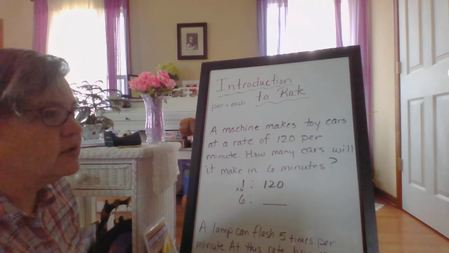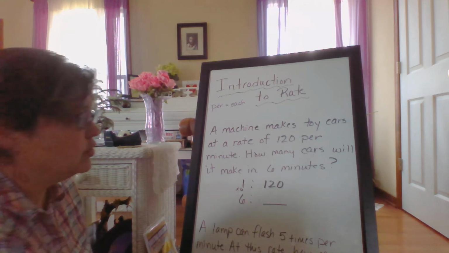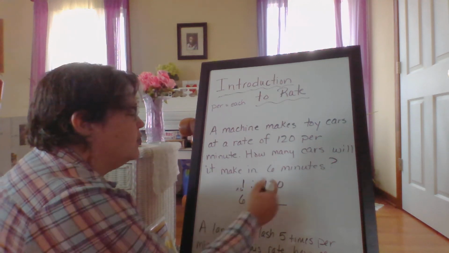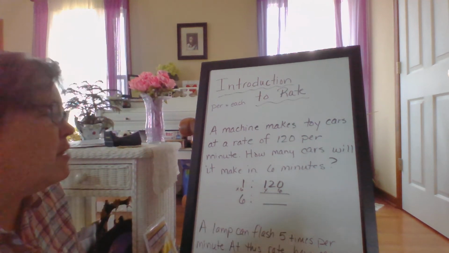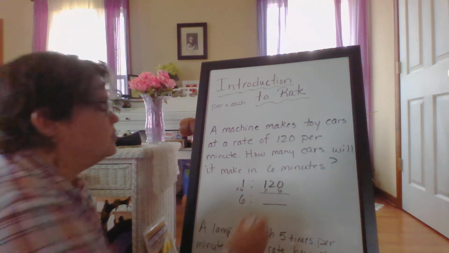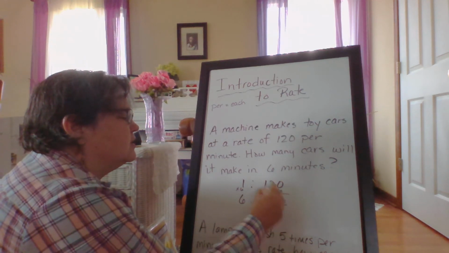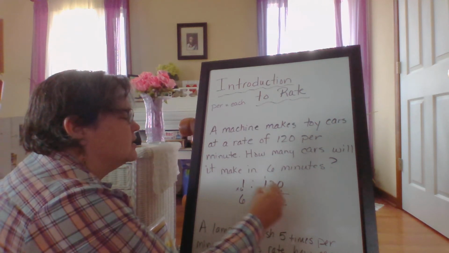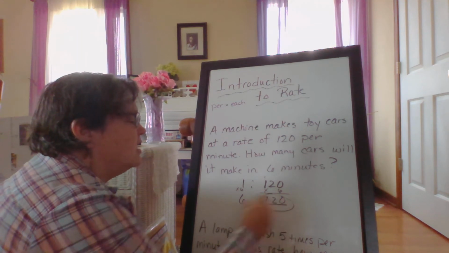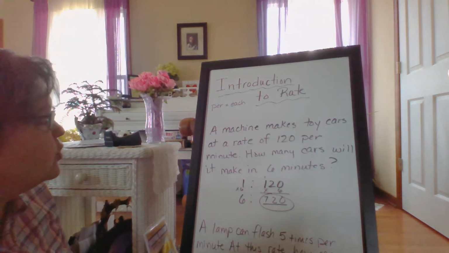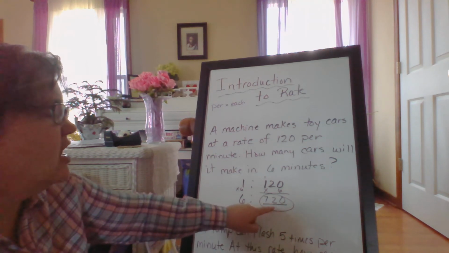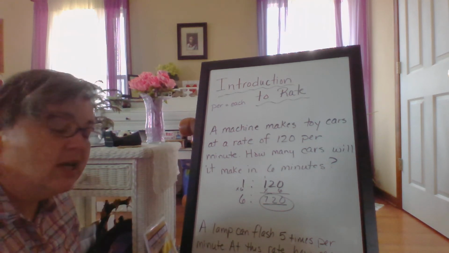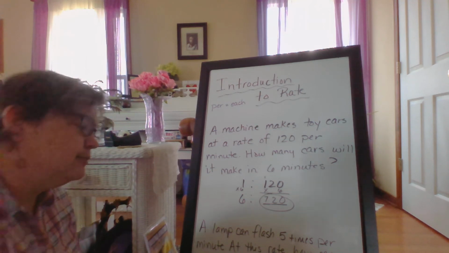You don't always divide to find your rate. Here, I'm going to have to multiply by 6 to get my rate. So when I do that, 6 times 0 is 0, 6 times 2 is 12, carry your 1, 6 times 1 is 6, 720. How many cars will the machine at the toy factory make in 6 minutes? It'll make 720 cars in 6 minutes.